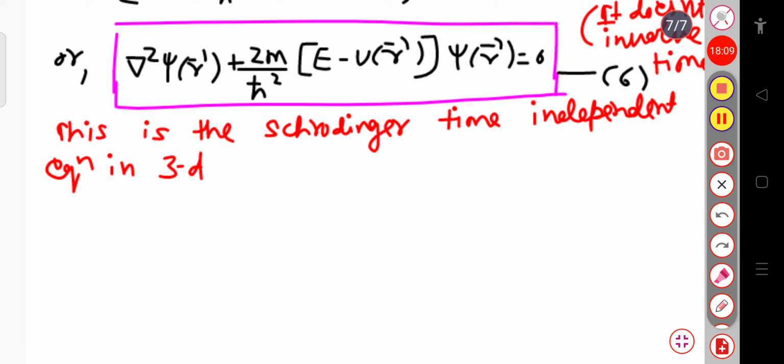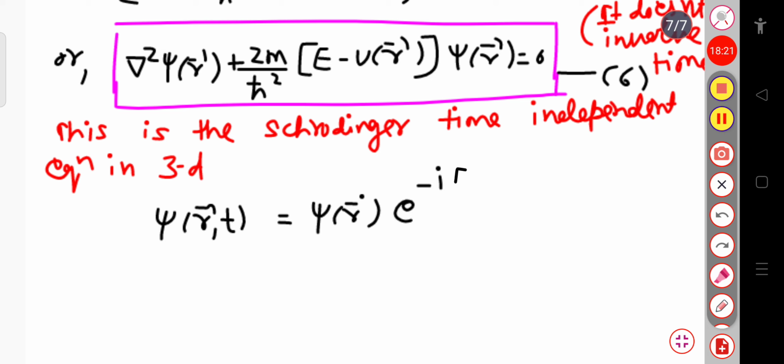The solution is ψ(r,t) equal to ψ(r) into exponential minus iE t divided by ħ.